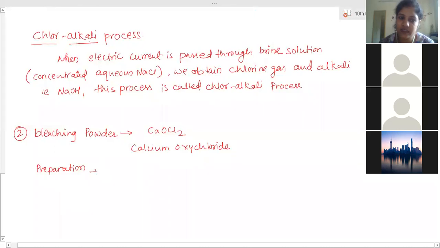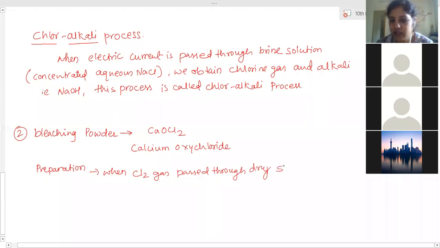When chlorine gas is passed through dry slaked lime, which has no moisture, then bleaching powder is obtained. Slaked lime is calcium hydroxide in a solid dry state.